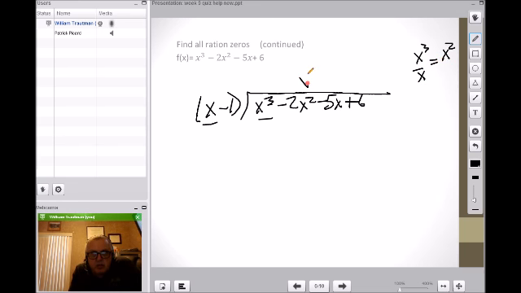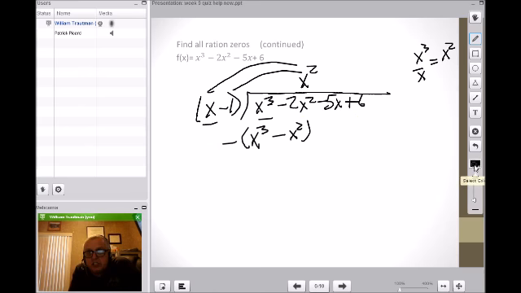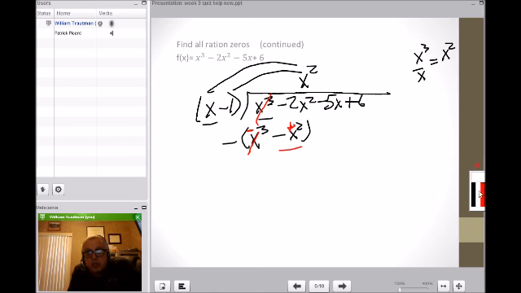So we put that right above the x squared, and we multiply. x times x squared is x cubed. Negative 1 times x squared is negative x squared. You have parentheses, you subtract it, it changes the sign of everything in there. This changes to a minus, this changes to a plus. Those cancel. Negative 2x squared plus 1x squared is negative 1x squared.